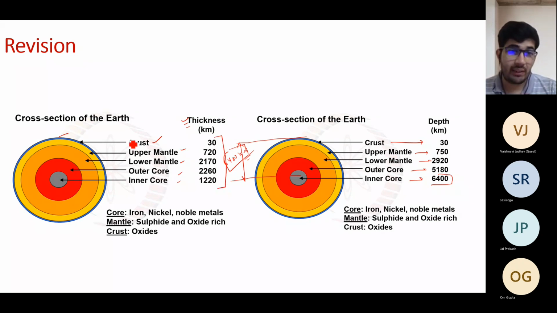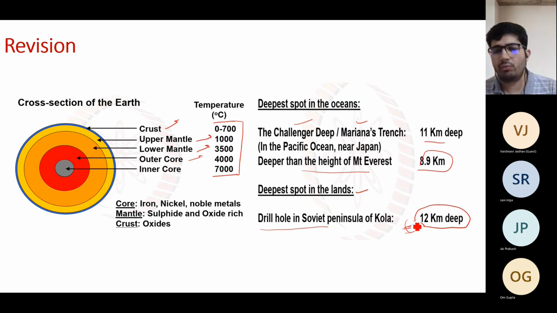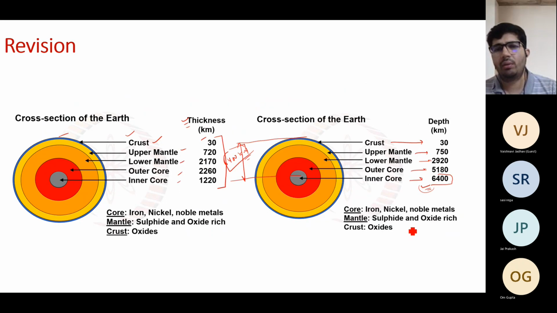The crust layer itself is 30 kilometers, and there are 5 layers, with a depth of up to 6,400 kilometers. As of now we have only gone up to 12 kilometers, so it's very little. It is very difficult to drill to a certain depth.